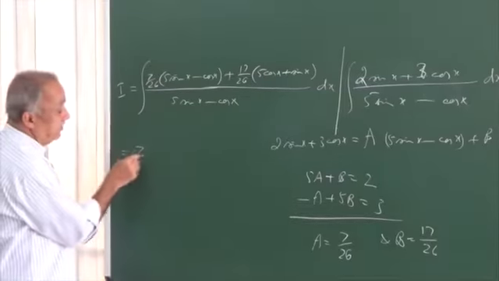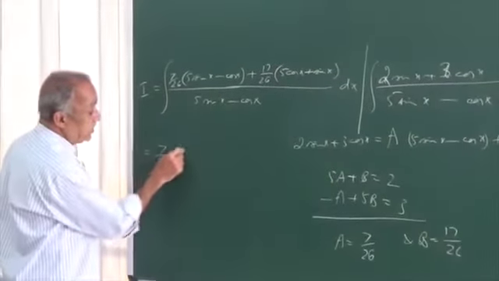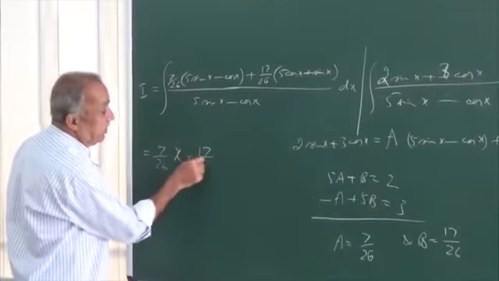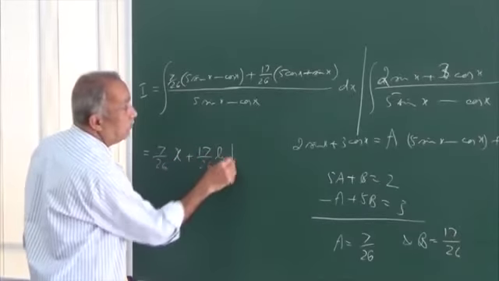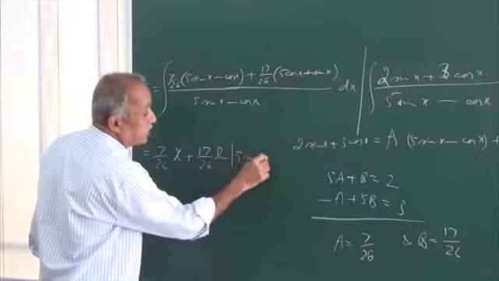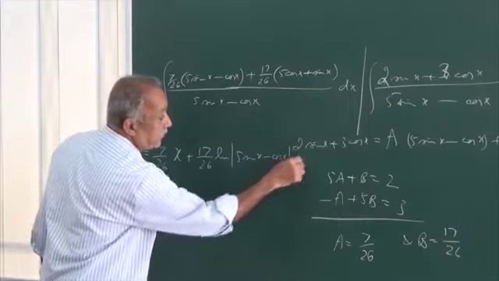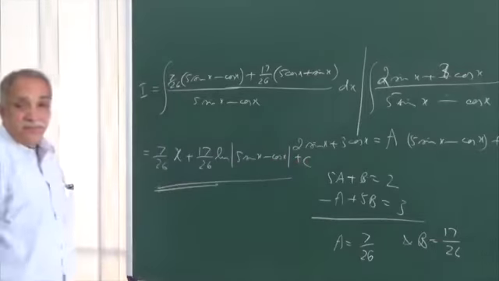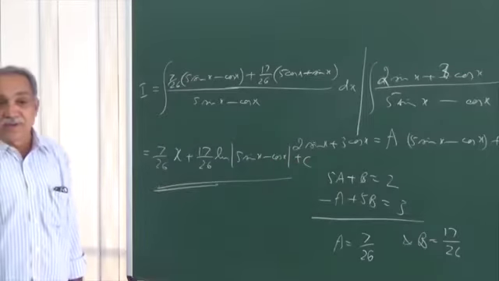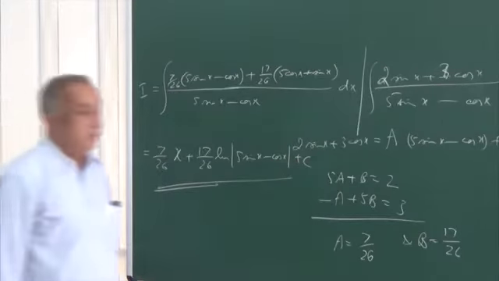The answer is 7 by 26 times x plus 17 by 26 times log of mod 5 sin x minus cos x. Agree? Yes.